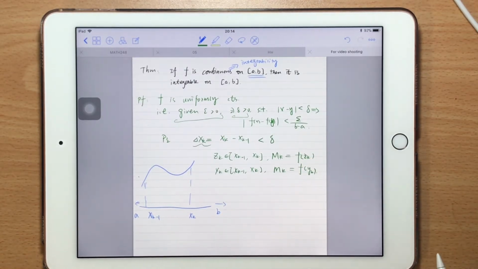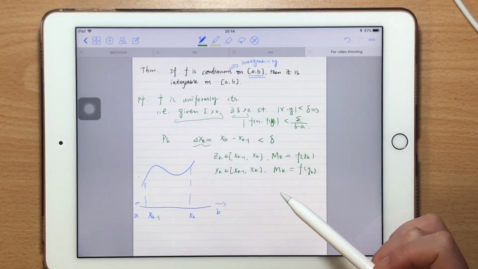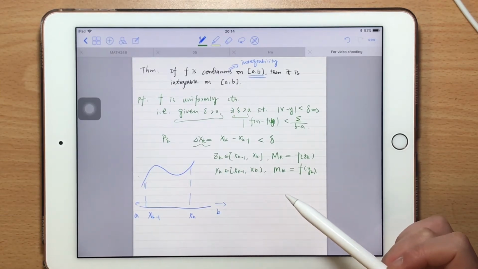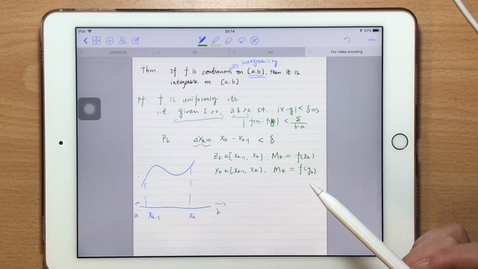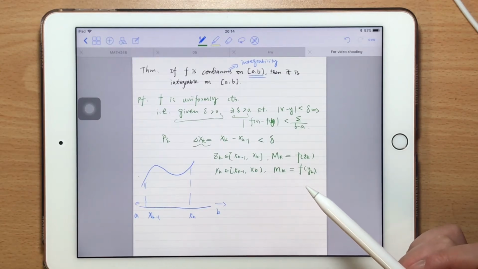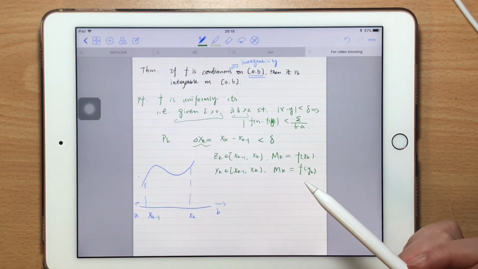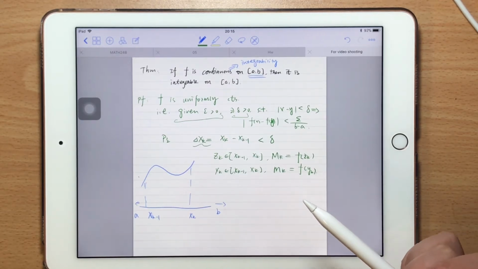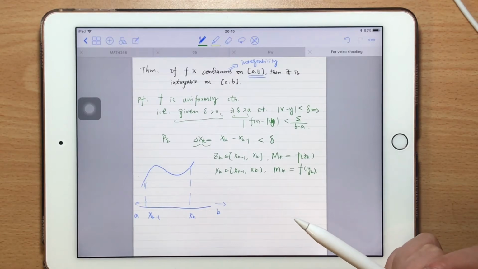Remember, originally the way we defined capital Mk and small mk is that we take the supremum and the infimum. But since f is continuous on every compact subinterval, we can actually touch those limits.